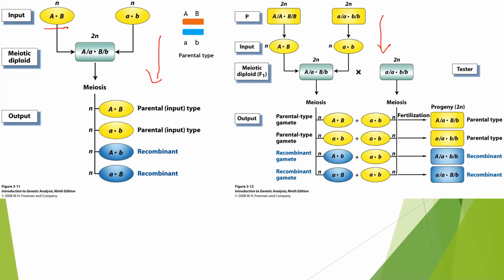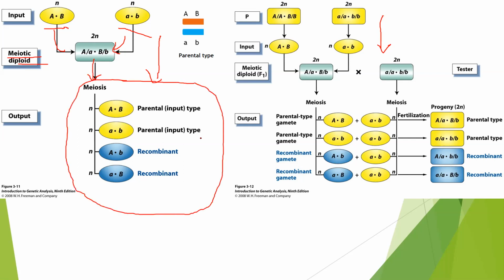So we have one parent here, they're haploid, and when they come together to form this meiotic diploid cell, and after the meiosis, you're going to see the pool of progeny from this cross.